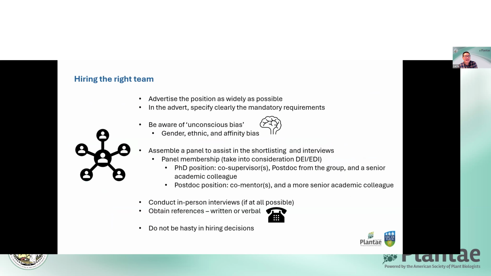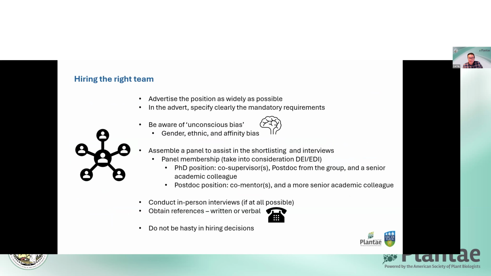So I guess before we even start on people management, I think it's important to hire the right team. The right team really makes a big difference for the lab. The approach I would use in relation to hiring the right team would be to advertise the position as widely as possible. By doing that, you really want to capture the global scientific talent, and from there, hopefully, you'll be able to find the right person for your team.